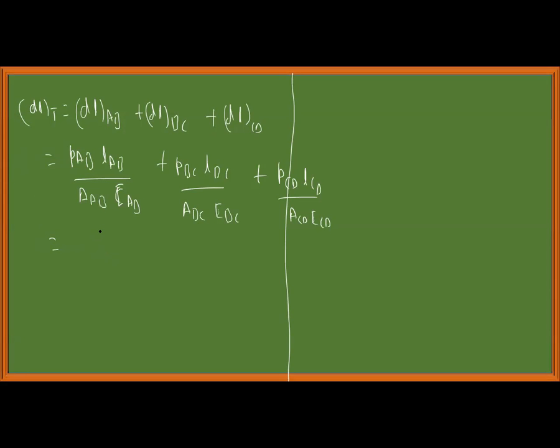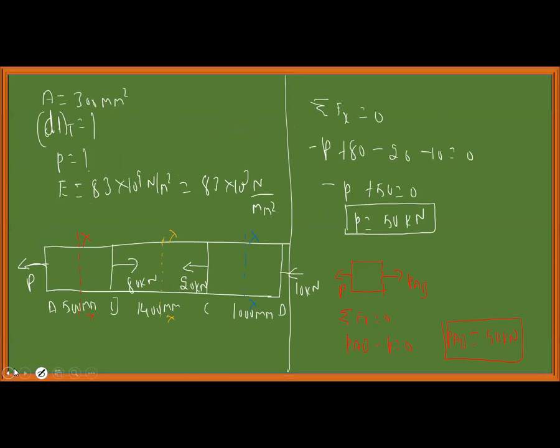But in this problem, he has given the area and Young's modulus of the entire brass bar cross section as the same. The area is 300 mm square and Young's modulus is 83 GPa. Since the area is in mm square, I will express Young's modulus also in mm square.